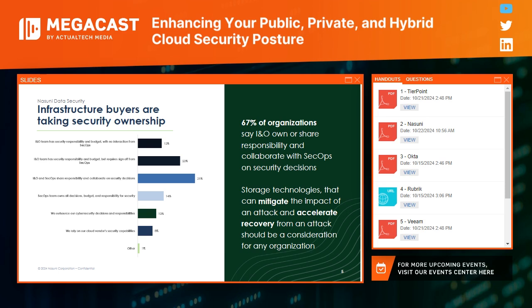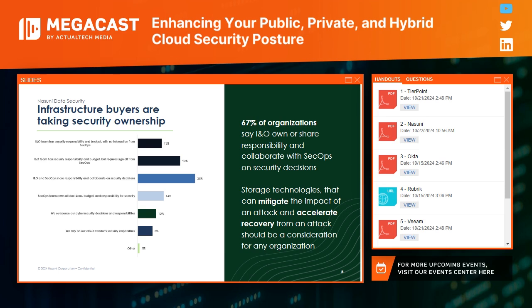The infrastructure team, when it comes to security for storage and infrastructure, is starting to more and more own and share responsibility with the security team on decisions, purchasing, and handling these attacks. And so having this built into storage technologies is a must. So I thought that was interesting to point out as well.